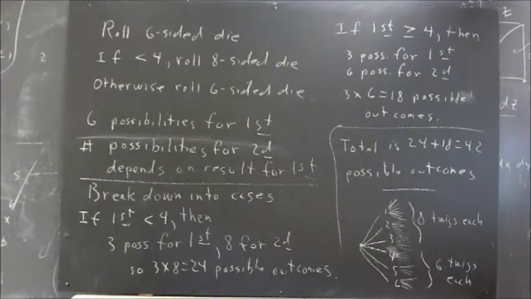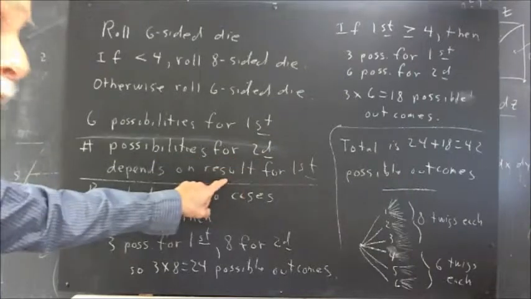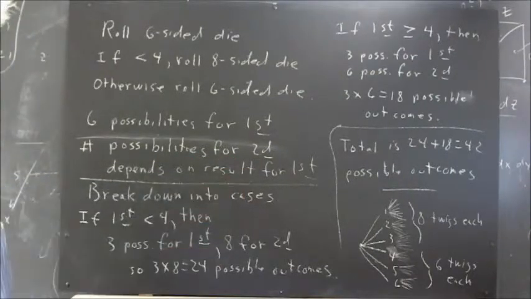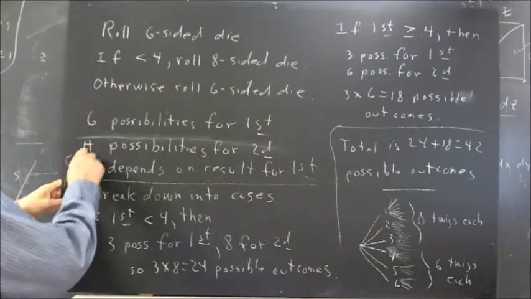So the number of possibilities for the second depends on the result for the first, so that we cannot apply the fundamental counting principle.